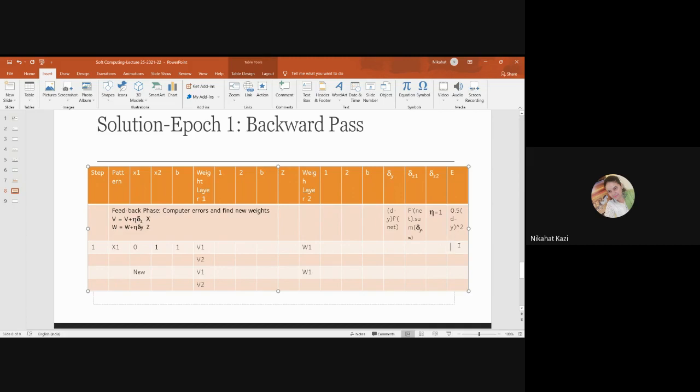Otherwise, it will be the summation of half d minus y the whole square. If there are k neurons in the output, suppose there are 3 neurons in the output layer, you will get 3 different squared error values. Sum them up together. That will be the error.